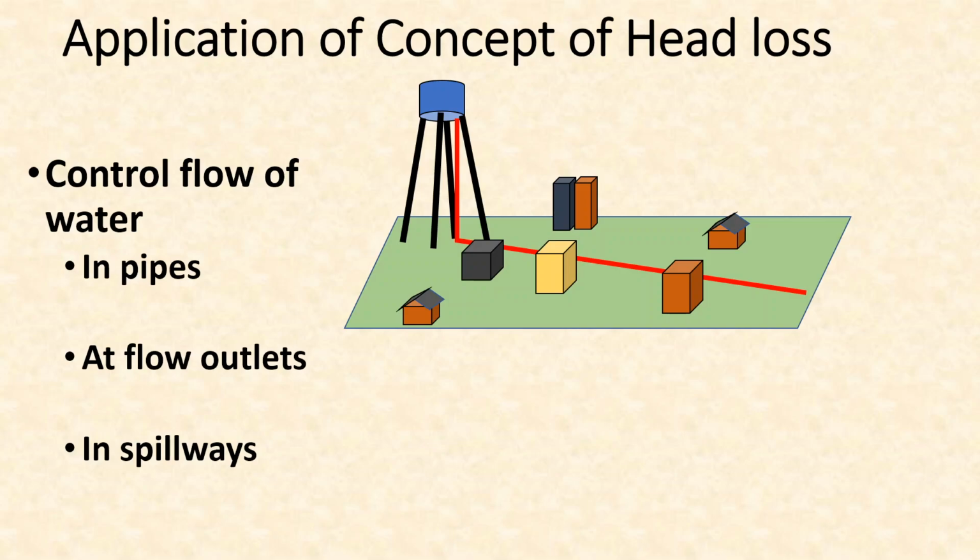And also you need to lay out the pipe network in such a way that the distance traveled to each household is minimum possible. Otherwise the head will be very less, and more head will be lost along the length of the pipe.